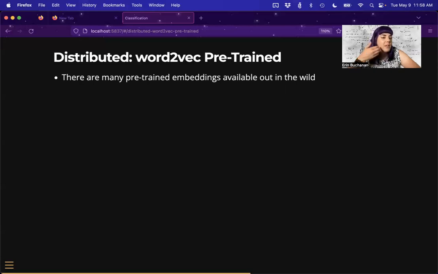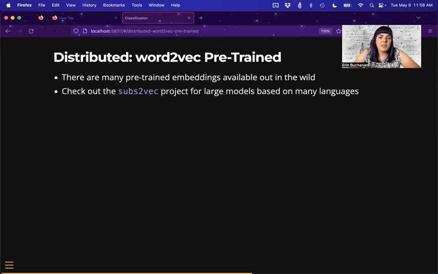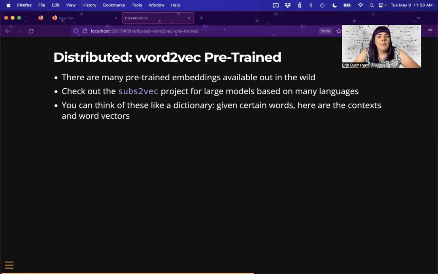Okay. There are ones developed by Google. There are ones similar to the BERT models that one can download, right? So you can check out Subs2Vec, but you can kind of think of them like a dictionary. So given certain words, here are the contexts and the word vectors available. So if I said the word beautiful, here are all of its little mini vectors of contexts and their embeddings.